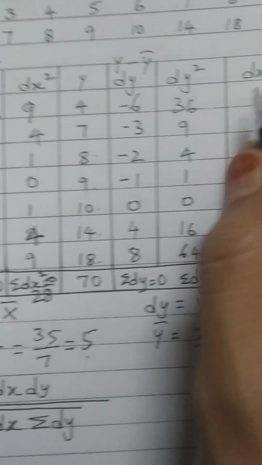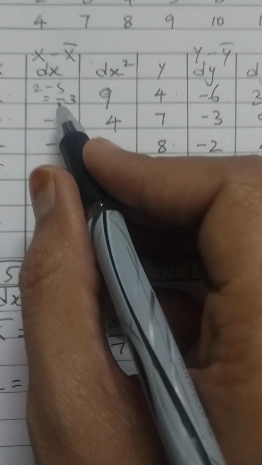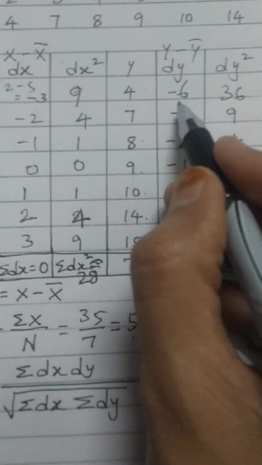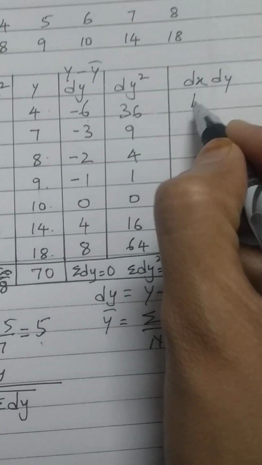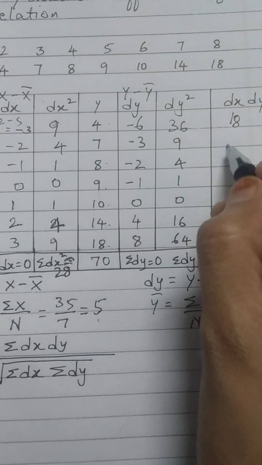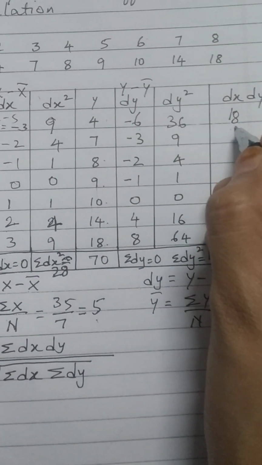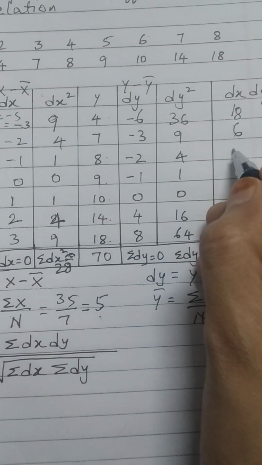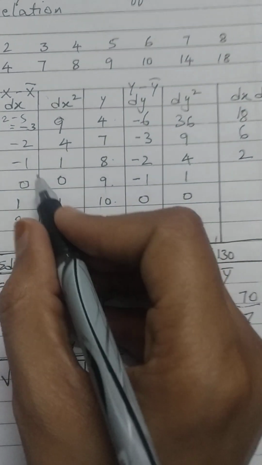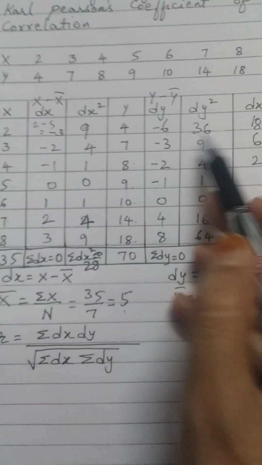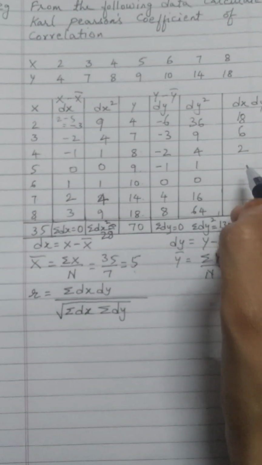Then dx dy. Where is dx, students? This is dx. And where is dy? This is dy. Then minus 3 into minus 6 is equal to 18. Then minus 2 into minus 3 is equal to 6. Then minus 1 into minus 2 is equal to 2. That means I am multiplying dx with dy. Are you understanding?